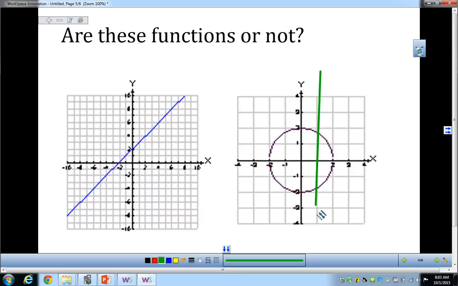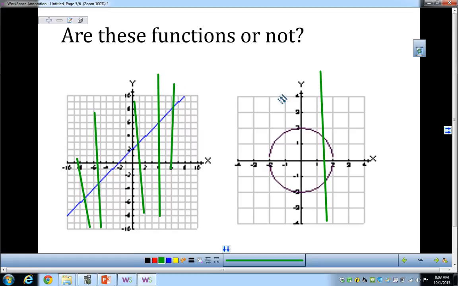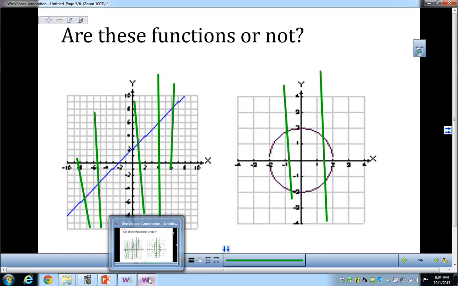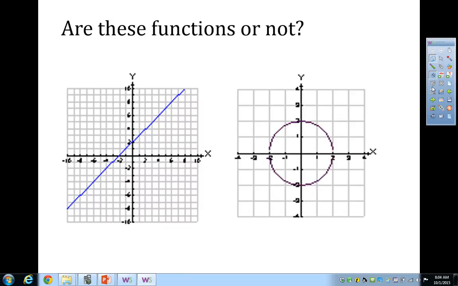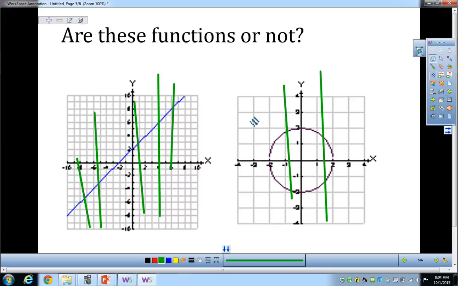Right, if I took a line and went like this, we would cross it in two spots. That's vertical, by the way. There's nowhere I could make this cross this thing in two spots, right? So I can say that this one is yes, and this one is no. Okay? All right, let's move on.